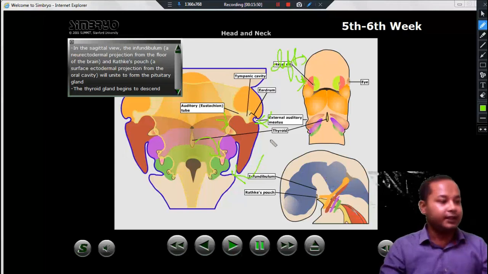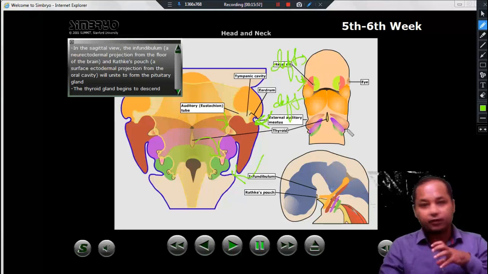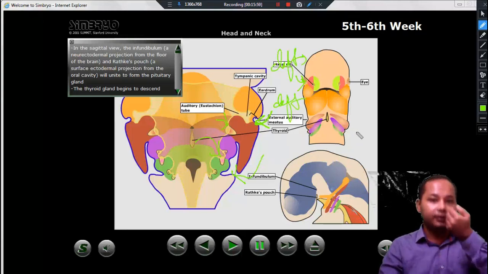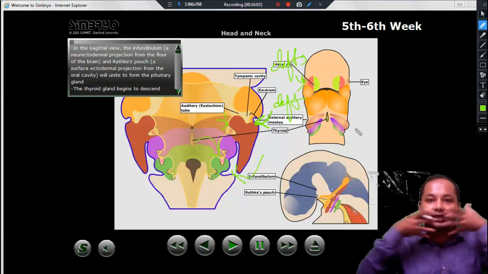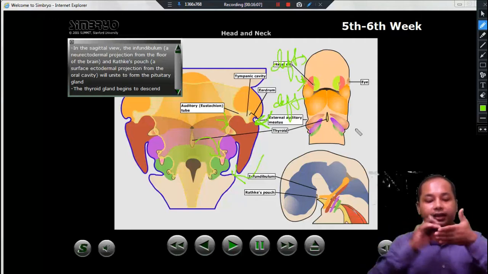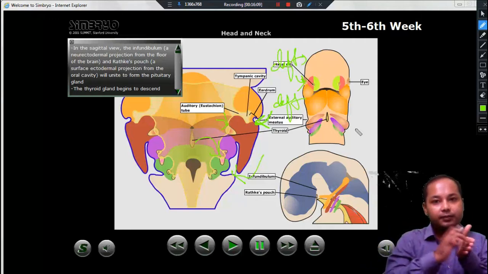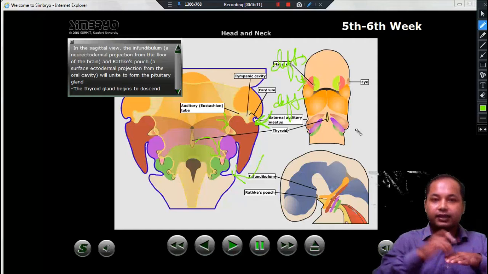The outpouching on the outside is called a cleft, and the pouchings formed inside, in the same rings which are forming the arches, are called pouches.